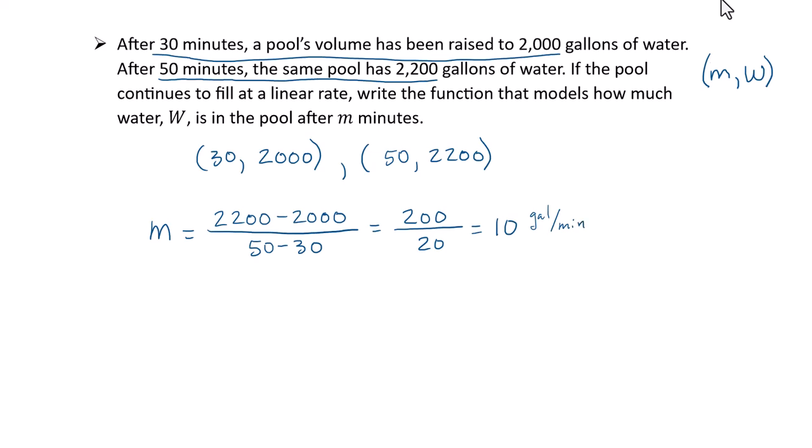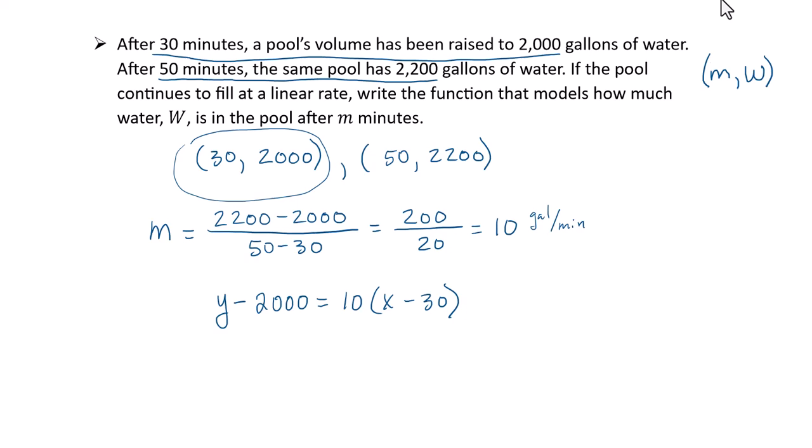But we've got slope now, and we can pick just one of the points. I tend to like to pick the point that has smaller numbers. So I have y minus 2000 equals 10 times x minus 30, and that's your point slope form.